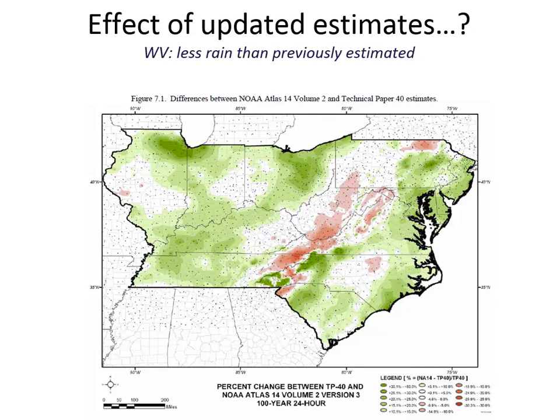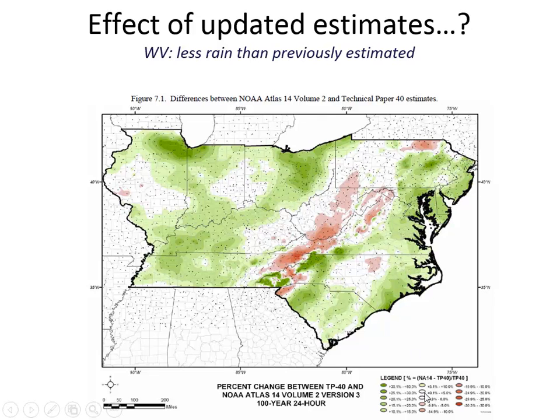And what this slide shows is the difference in precipitation amount between the old data and the new data. When they had additional years of precipitation, they had new gauges to put into their spatial averaging. What they came up with is that in some areas there's actually more precipitation than previously estimated, and in others there's less.